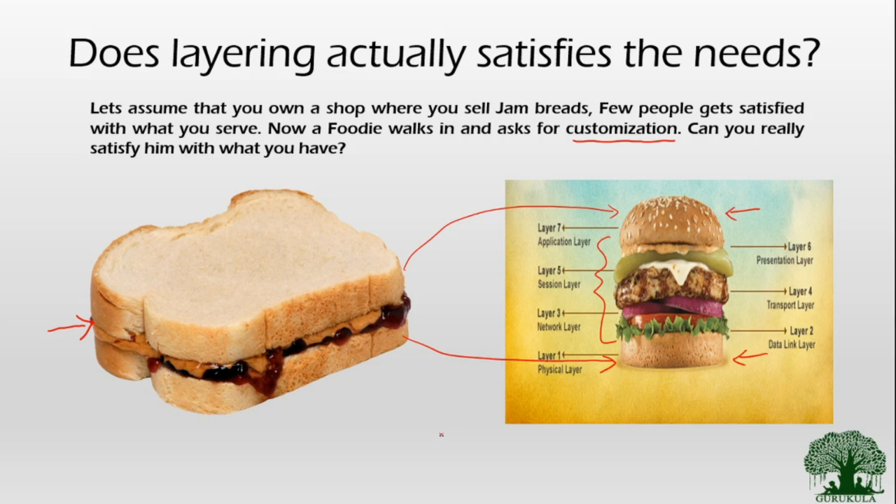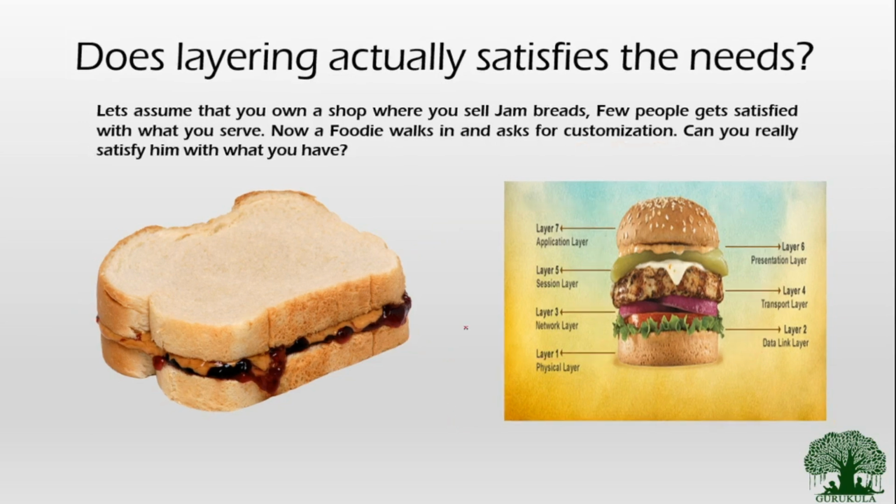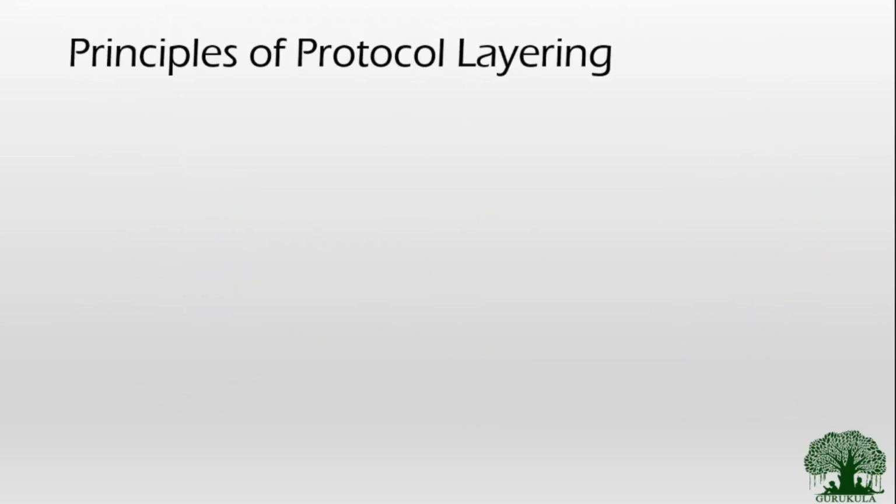So each and every application and each and every person connected to the internet will have different requirements. We need a common protocol architecture to satisfy any number of people, whatever kind of people they are, connected to the internet. This type of customization is possible only if we have a layered architecture of protocol. So that is the reason why we go for a layered architecture of a protocol.